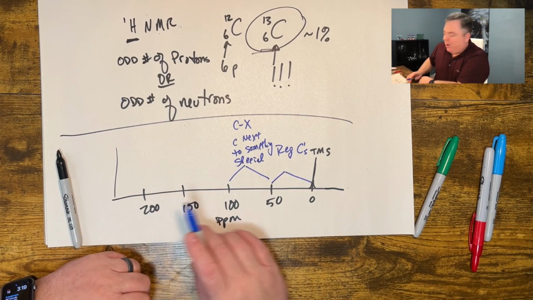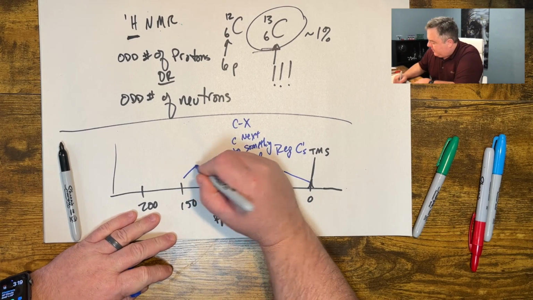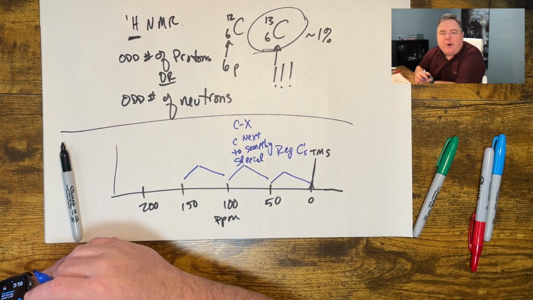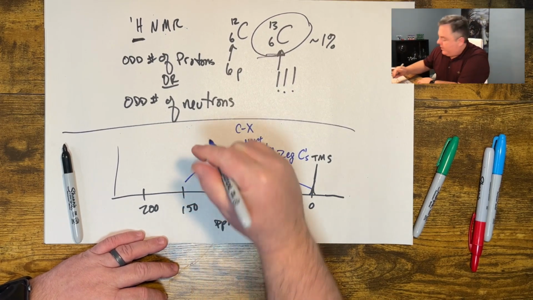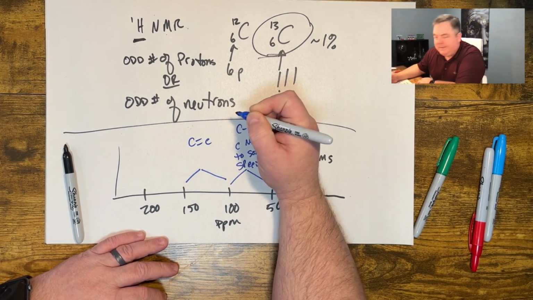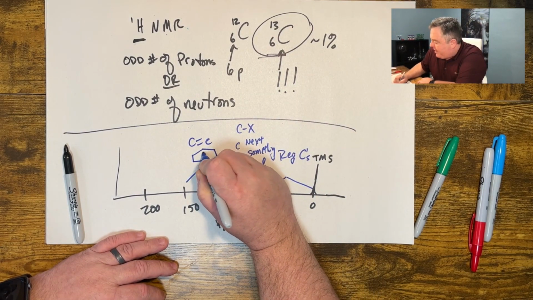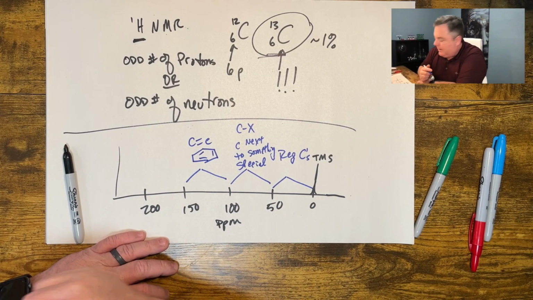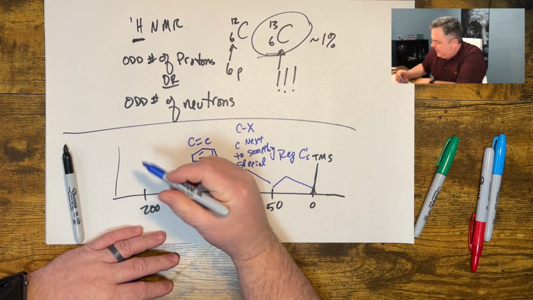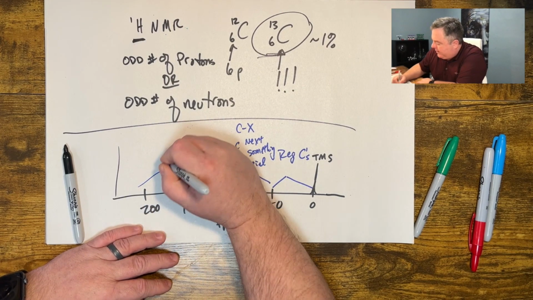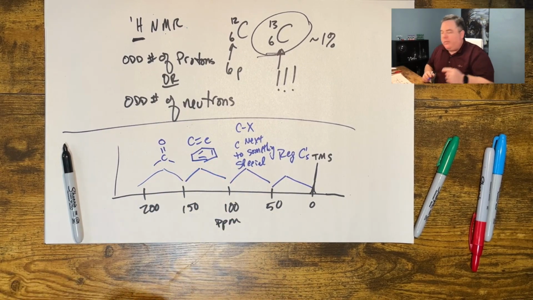If you're next door to a carbonyl, you're kind of somewhere right around 50 in the middle. Now, 100 to 150 are carbons that are on double bonds. That might be a regular carbon-carbon double bond, or that might be a phenyl ring double bond. But these are carbons that are in a double bond thing. And finally, above 150 are carbons that are carbonyl carbons. Those are the 4 regions.